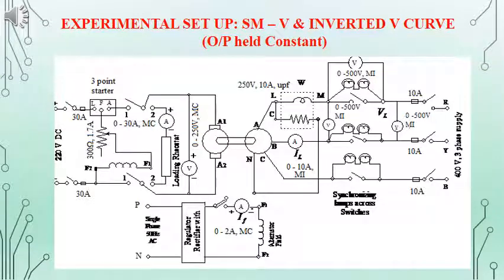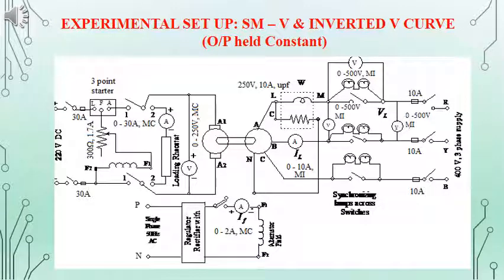Now the machine will be at a floating condition, and the DC supply given to the DC machine can be cut off. Then the synchronous machine will be operating as a synchronous motor.